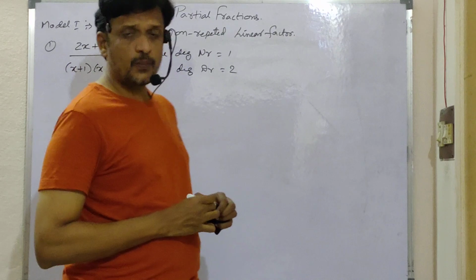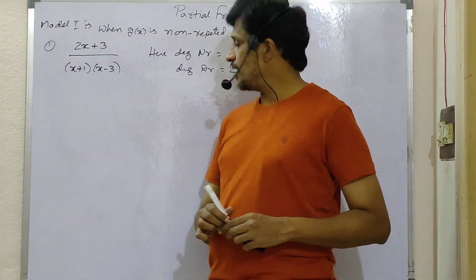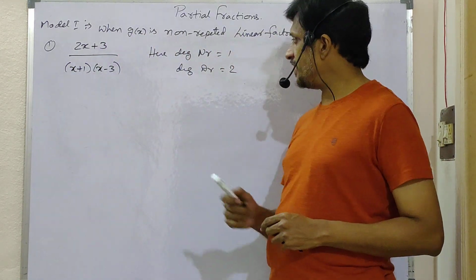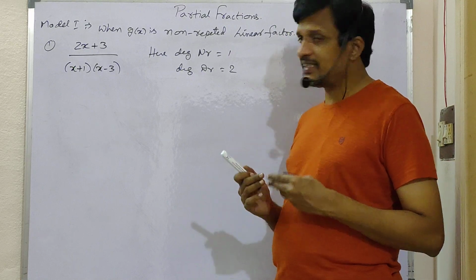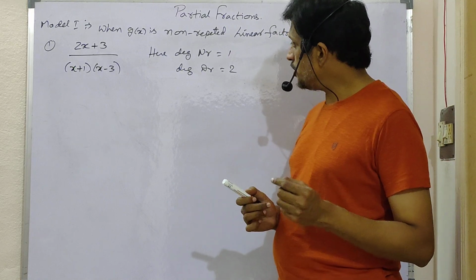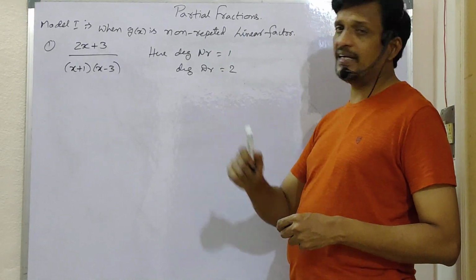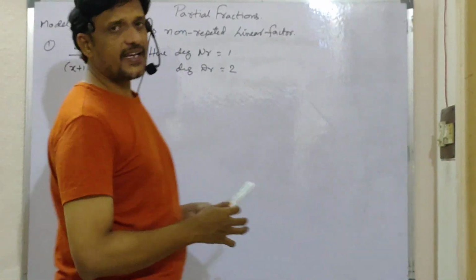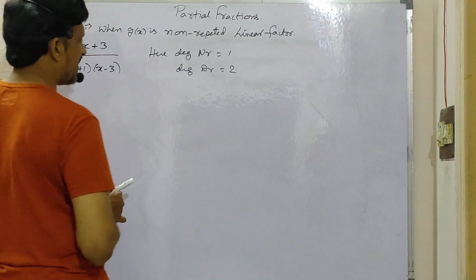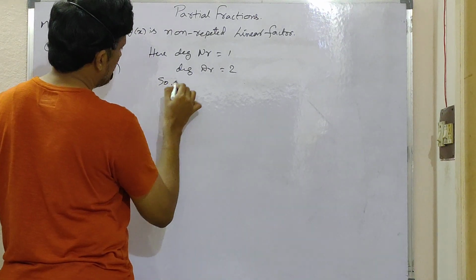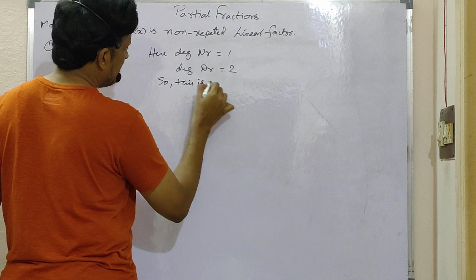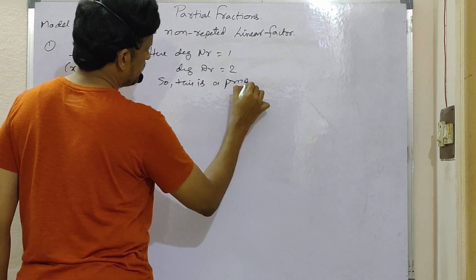So the degree of the numerator is 1 and the degree of the denominator is 2. As we discussed in the synopsis, the degree of the numerator is less than the degree of the denominator. So that is why you can say that this is a proper fraction.